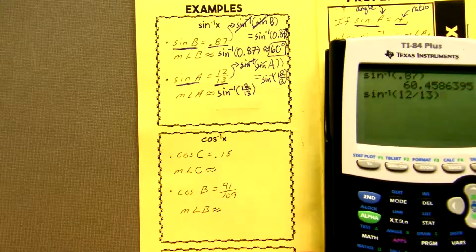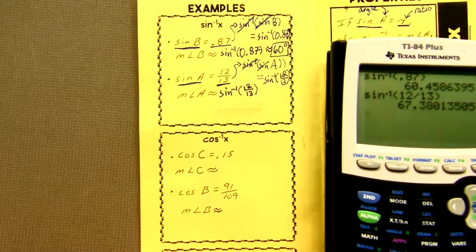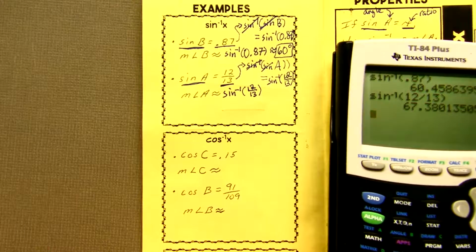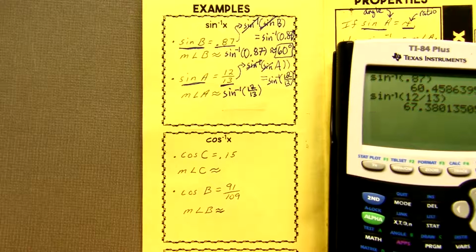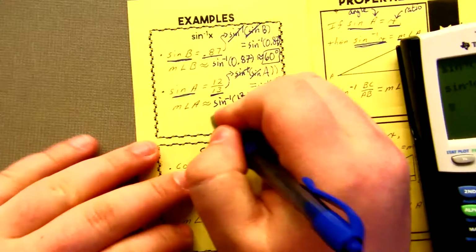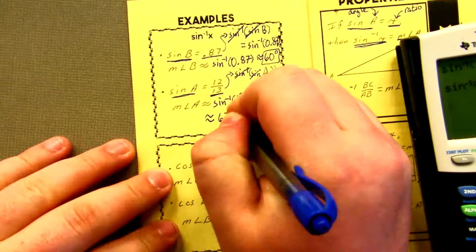And when we do that, we get 67.38. Did anyone else get that? Flash me a thumbs up or let me know in the chat. Perfect. So we're going to say that the measure of angle A is approximately 67 degrees.